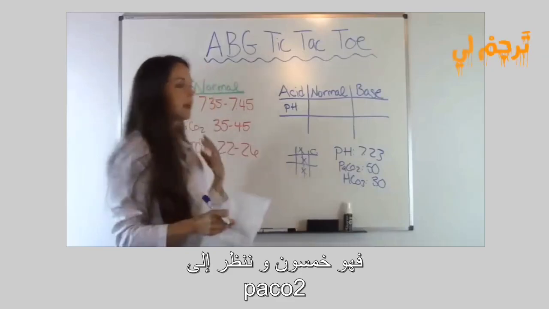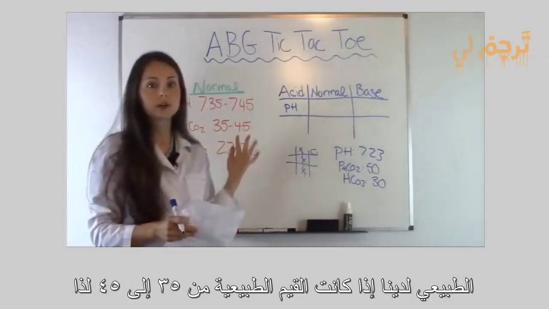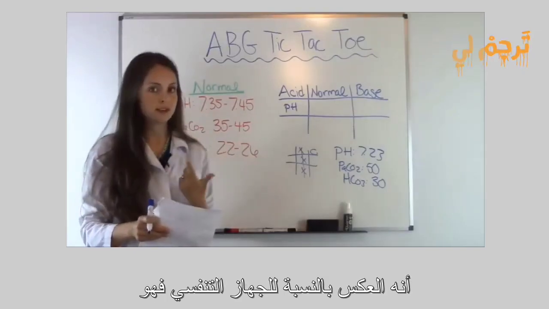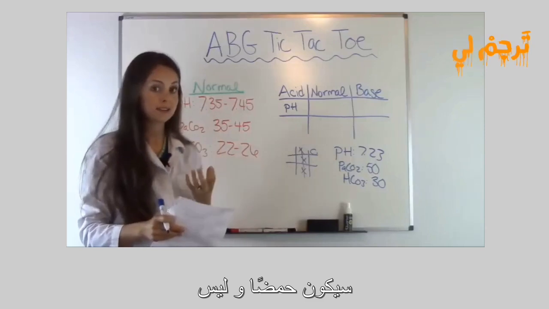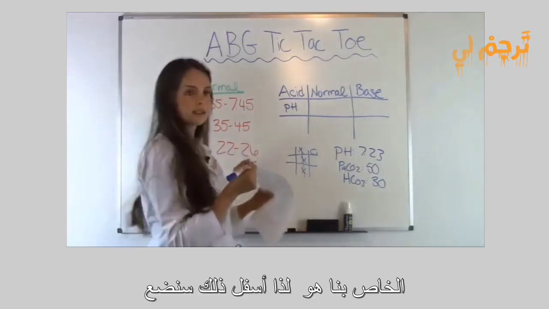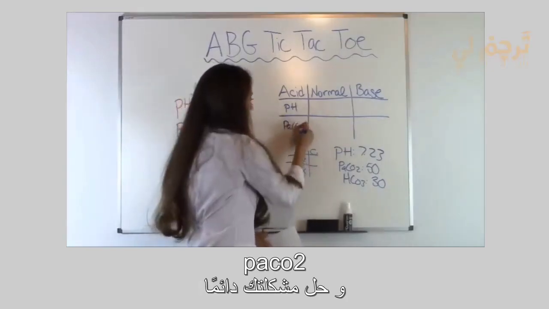It's 50, and looking at our normals, PaCO2 normals are 35 to 45. So since it's 50, remember, it's the opposite for respiratory. It is going to be an acid, not a base. So our PaCO2 is acidic. So under that, we're going to put PaCO2.